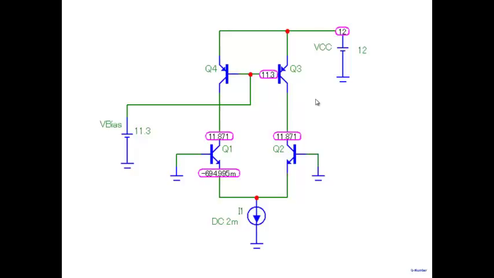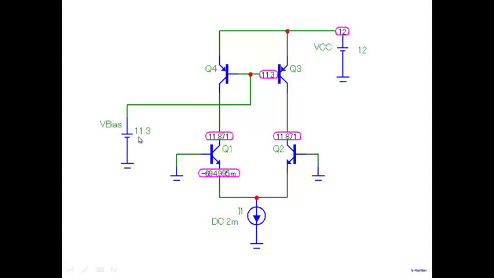In this case, note that I have these transistors Q1 and Q2. They are biased at 2 milliamperes here, and there is no connection here. The bias voltage applied to the base is 11.3, assuming that the drop is approximately 0.7, so we have applied 11.3 here.